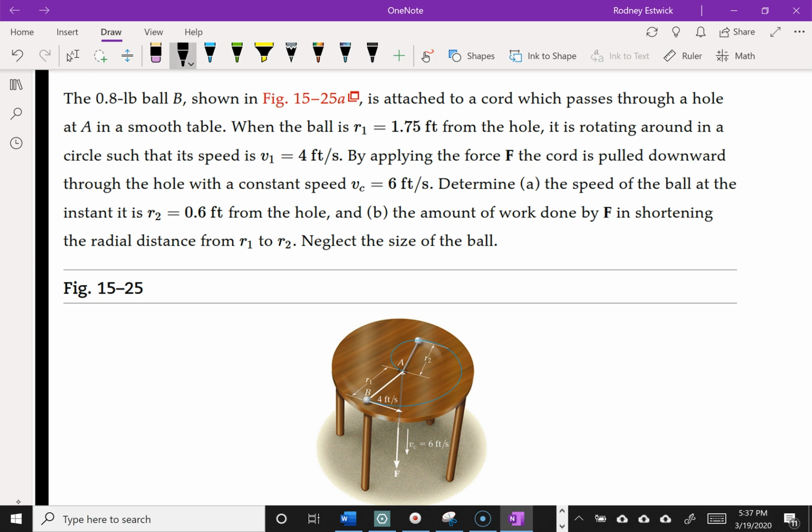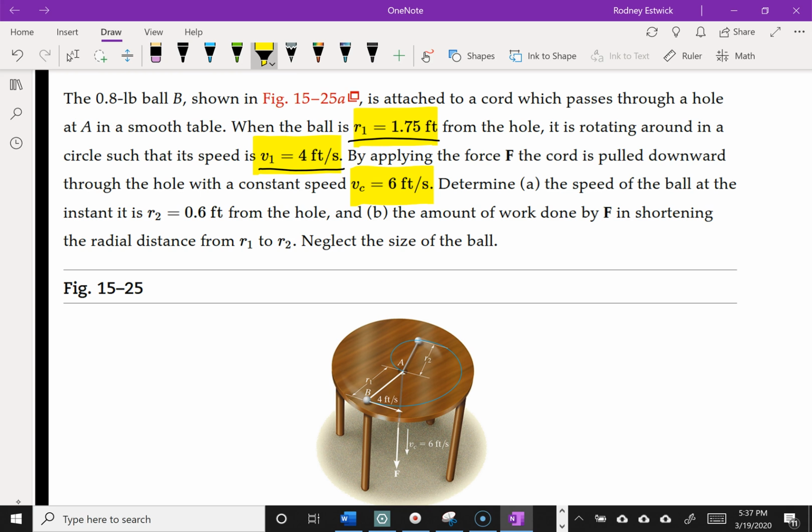So anyway, the cord is being pulled. When the ball starts, it's at 1.75 feet from the hole, and it's going around in a circle. So there's not yet a pull on the cord. It's going around in a circle such that its speed is 4 feet per second. And then this force is applied, and what happens is it creates a constant speed.